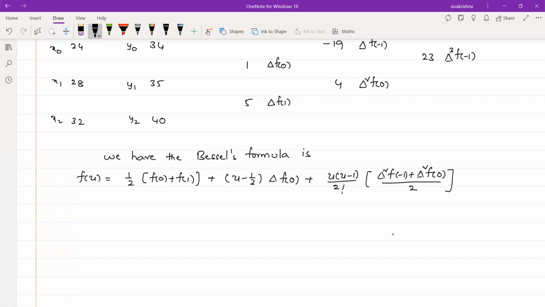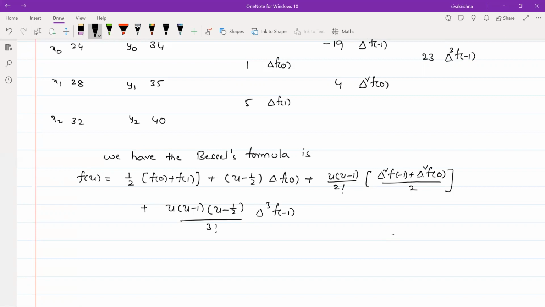Okay, plus coming to the next term, u into u minus 1 into u minus 1 by 2 by 3 factorial into delta cube f of minus 1.